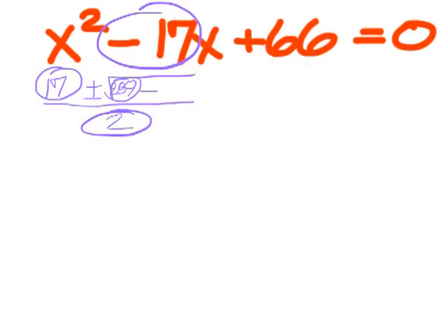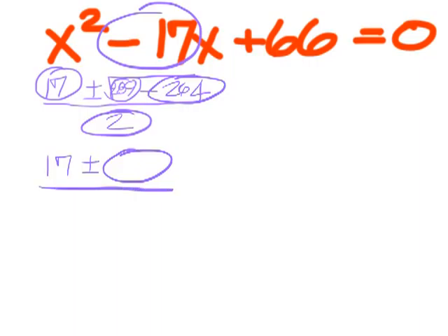What goes here after you simplify? After you simplify on the bottom, you should have a 2. And when you take care of this spot here, you'll have 4 times 1 times 66. That should be 264. Is that right? 264. Okay, the next thing that I'm going to need here is, what is this value after it is simplified completely?